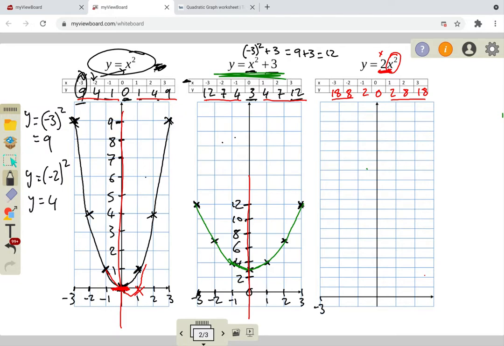I have negative 3, negative 2, negative 1, 0, 1, 2, 3. Now my y values, my lowest one is 0, my highest one is 18. Okay, so again, I'm going to count 1, 2, 3, 4, 5, 6, 7, 8, 9, 10. I've got enough, so I'm going to go up in ones. So 2, 4, 6, 8, 10.